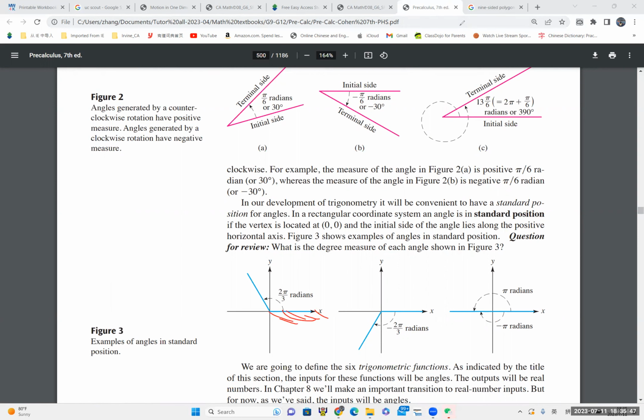Fixing one side, then the other side can rotate either clockwise or counterclockwise. For counterclockwise, we take it as a positive angle. The clockwise is a negative angle.